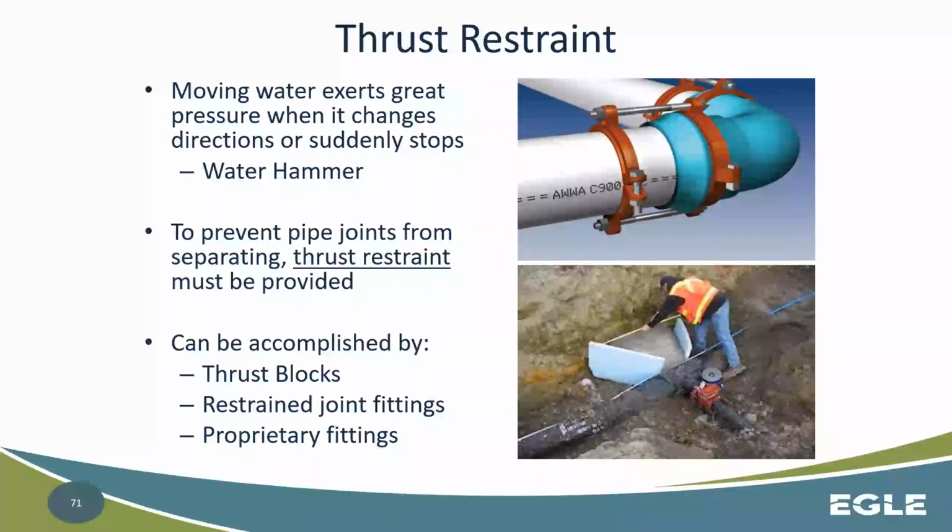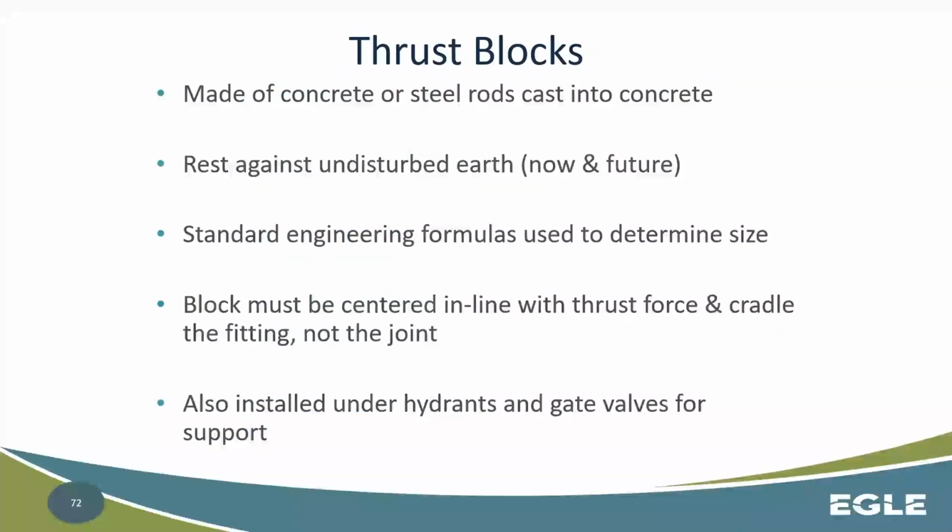If that's on a joint or something like that that's not mechanically restrained or doesn't have some sort of thrust restraint, we can have serious issues, whether that's rupturing or breaking or a pull out of the joint itself. Okay, so we need to make sure that that thrust restraint is there. And we've already kind of talked about some of these things: thrust blocks, restrained joints, proprietary fittings, things like that. Okay, to really control that pressure in place.